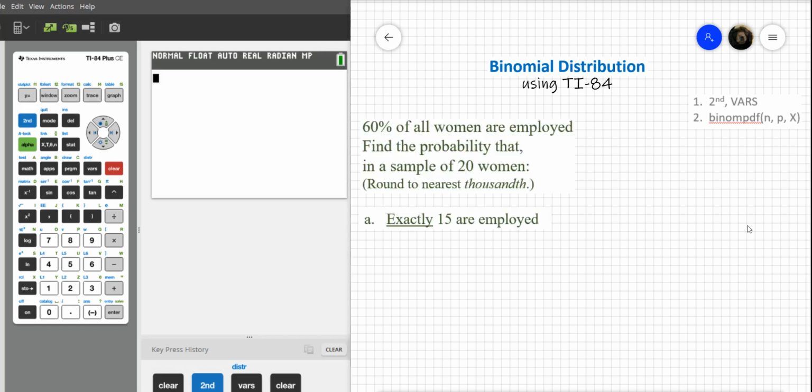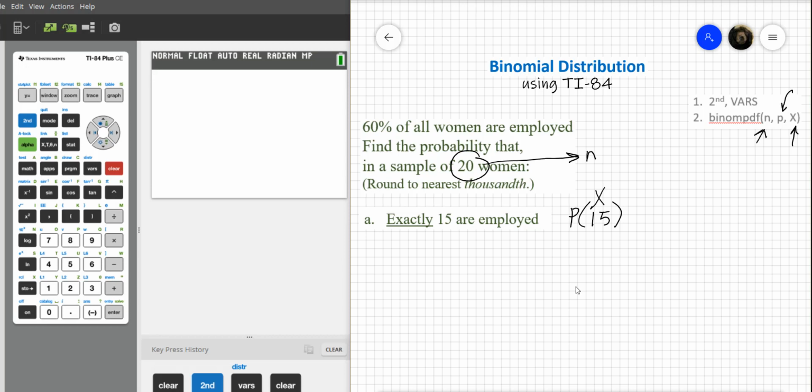For example, if you're given that 60% of all women are employed, if 20 women are chosen from this study, you're asked to find the probability that exactly 15 of them are indeed employed. This would be written up as P of 15, where 15 is the X. N would be 20.